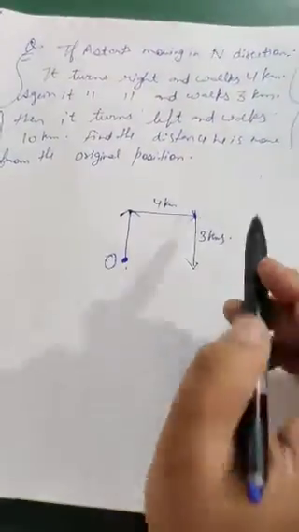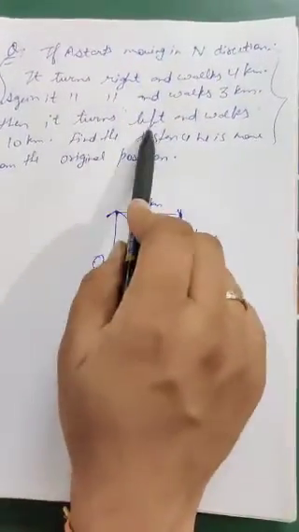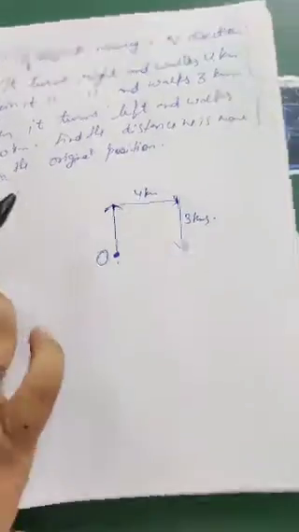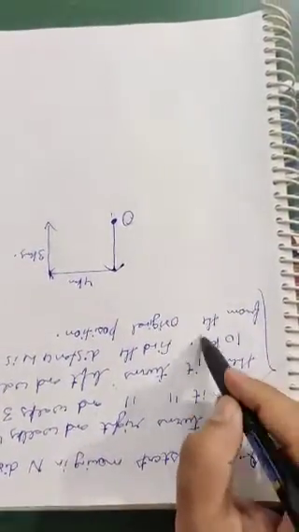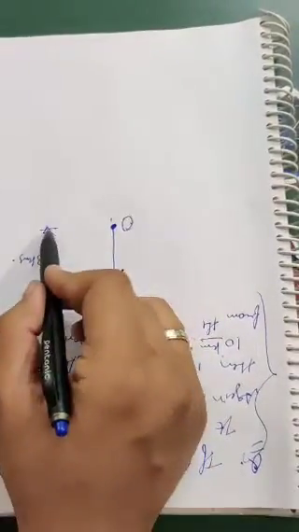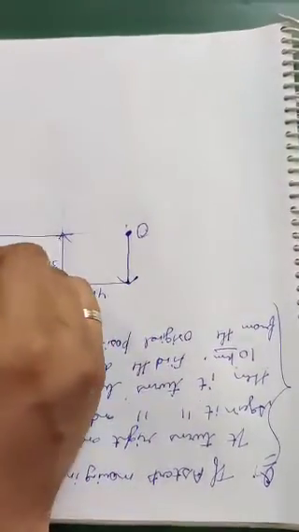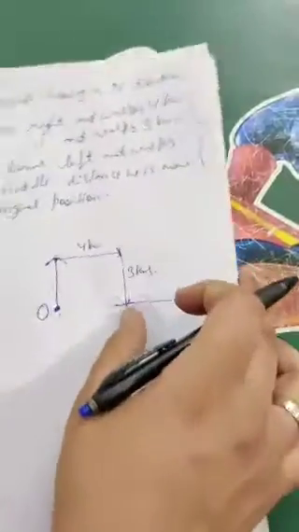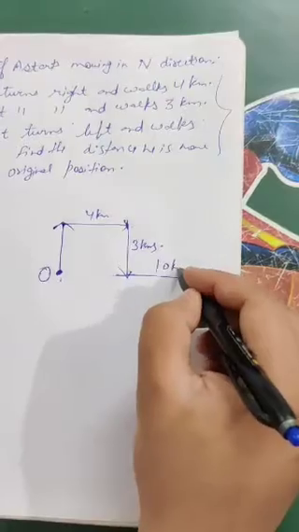Then it turns left and walks 10 kilometers. Now it is facing towards the south direction, so this is the right and this is left, so it turns left and walks 10 kilometers.